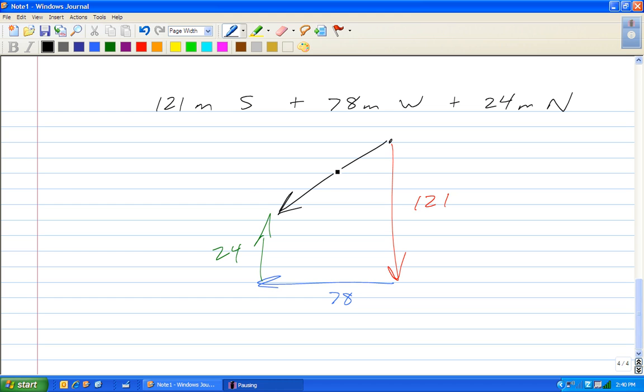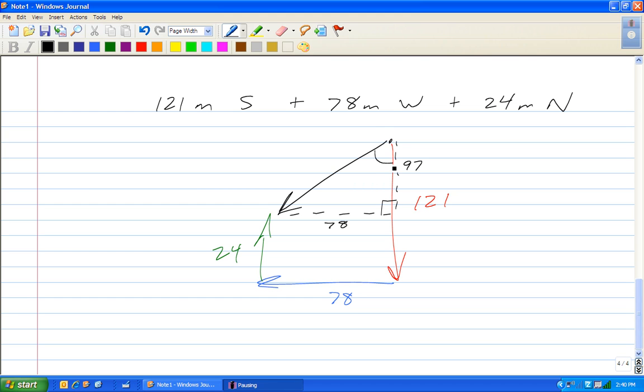Now, it's not part of a triangle right now, is it? It's not very pretty. But if I do this, then there's a triangle, right? A right triangle. This is 78, and this is 121 minus 24, which is 97. So now I do have a triangle that I can deal with.